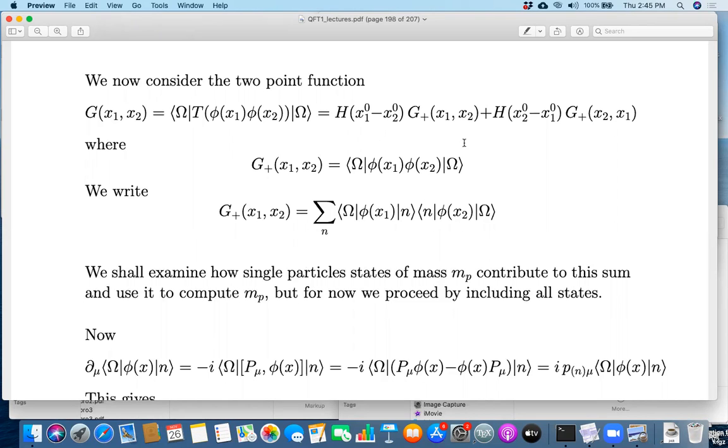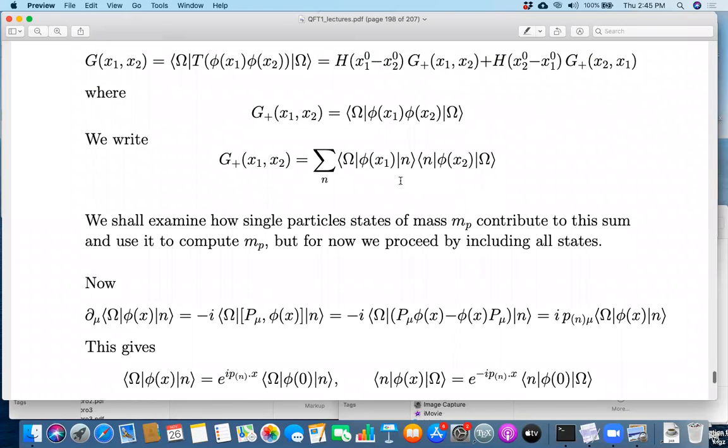Now here, we are going to insert a complete set of states. Between phi x1 and phi x2, I insert identity. So I write this as sum over n of omega phi x1 n, n phi x2 omega. Our strategy will be that we'll see how single particle states contribute to this.